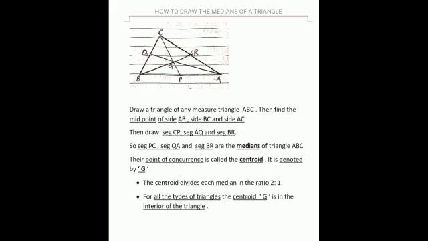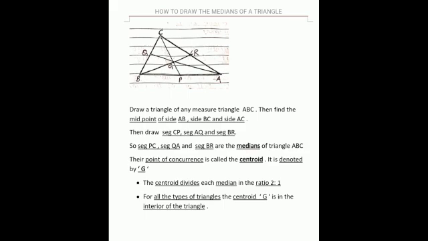Again, find the midpoint of side AC and draw a segment BR. So children, segment PC, segment QA and segment BR are the medians of triangle ABC, and these medians are meeting at a point G.